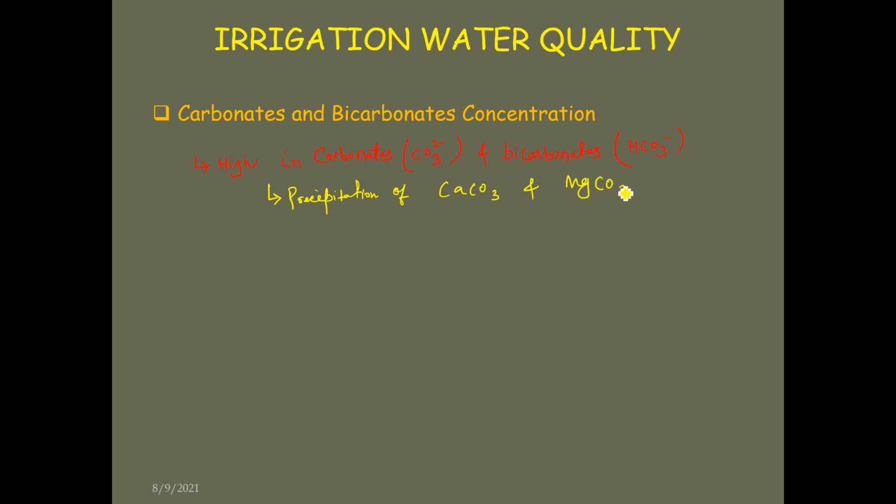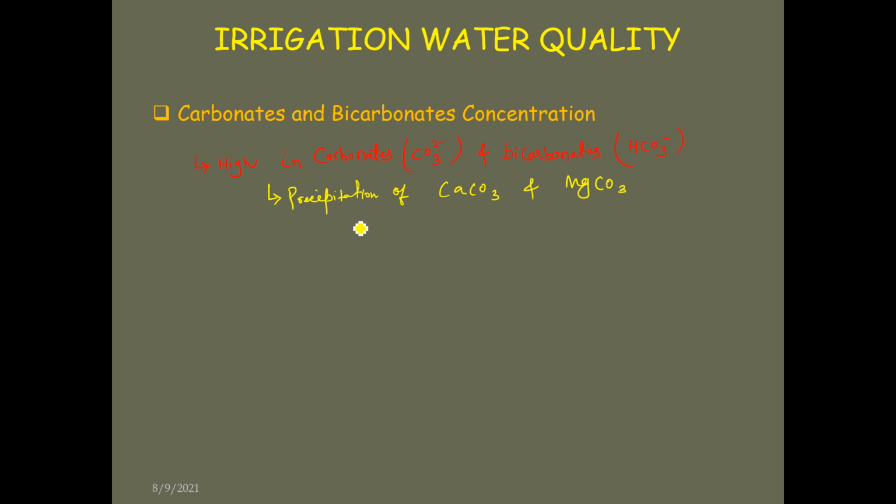Okay, if the water is high in carbonates and bicarbonates, then what will happen? There will be precipitation of CaCO3 and MgCO3. That is, the precipitation of calcium carbonate and magnesium carbonate will occur. It means if these carbonates of calcium and magnesium precipitate, then automatically the percentage of sodium will increase.